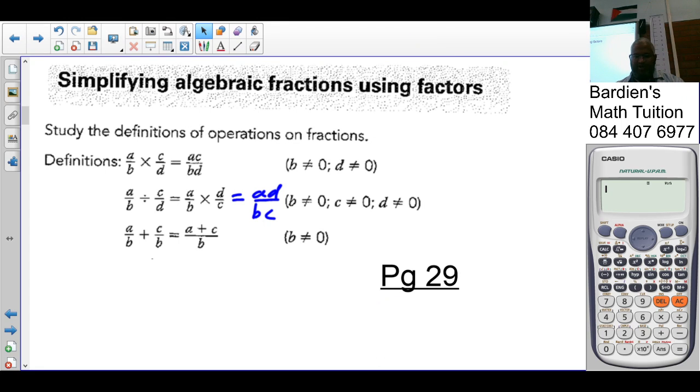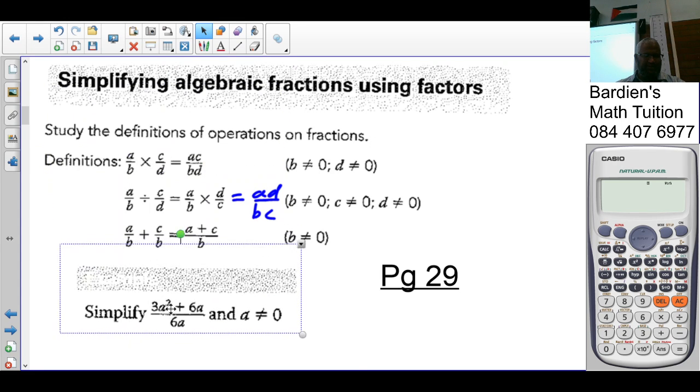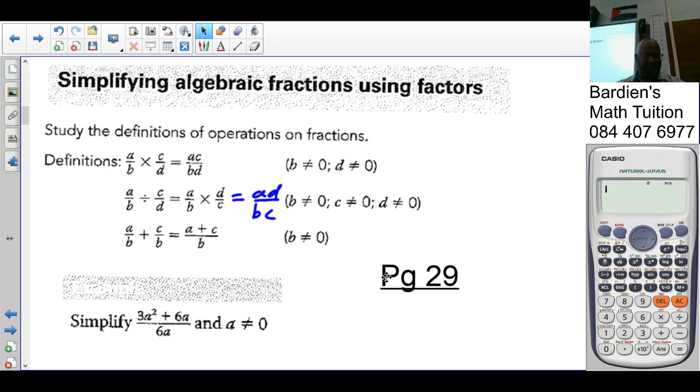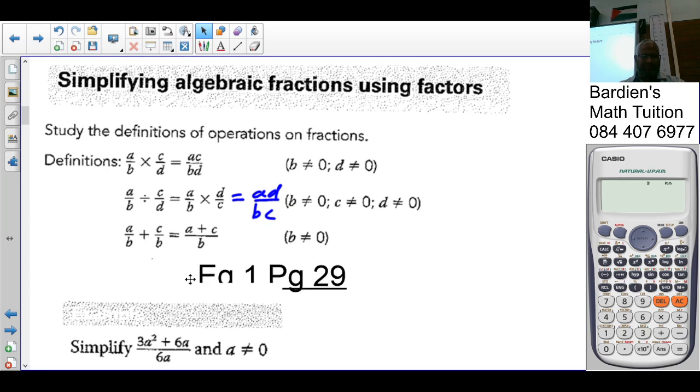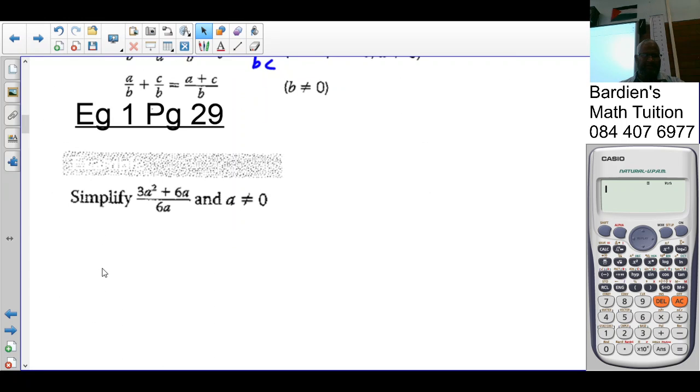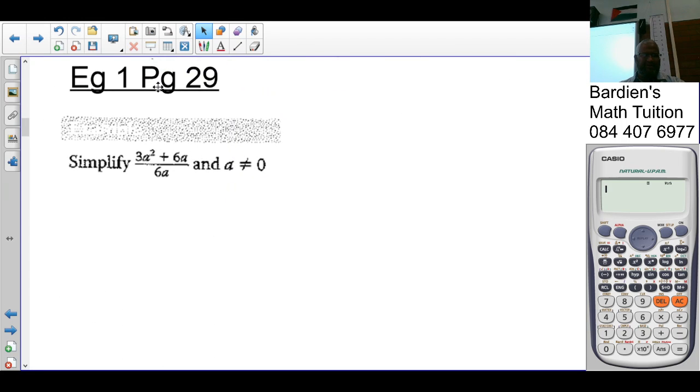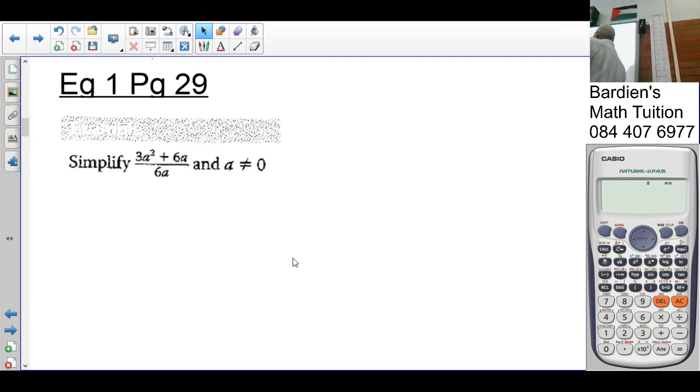So let's look at an example on page 29, example 1. The question says simplify. So write the sum down.